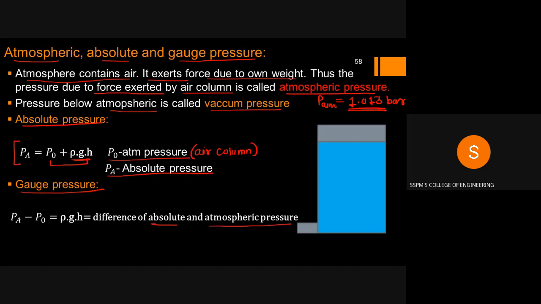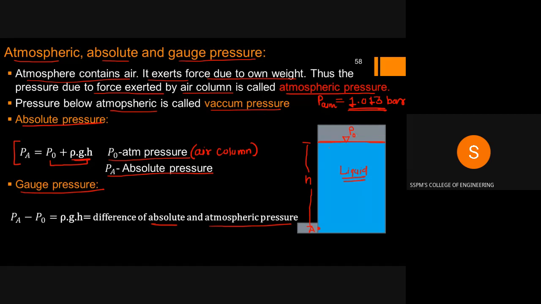So if PA is the absolute pressure, let us take this point as A. And if you want to find out the absolute pressure at point A because of this liquid column, first measure this height, which is h, with respect to point A or above the point A. And above this free surface of the liquid, there is air, and this air will exert the atmospheric pressure, which is P naught.